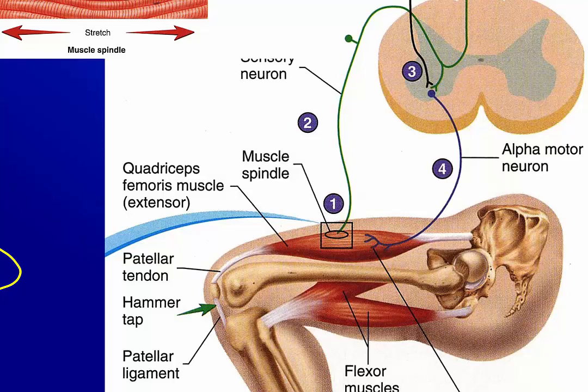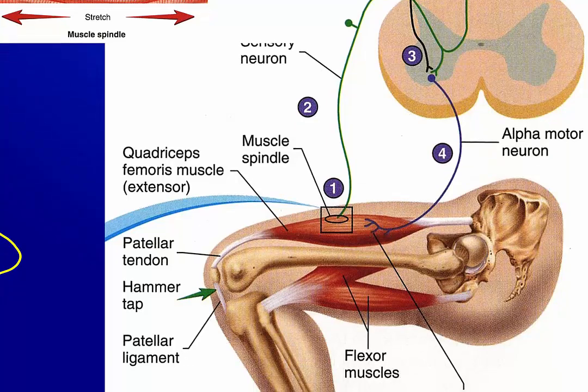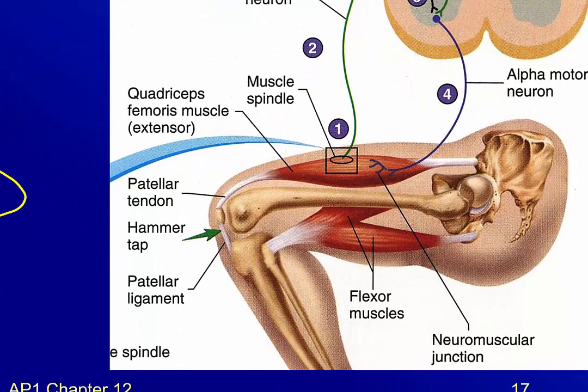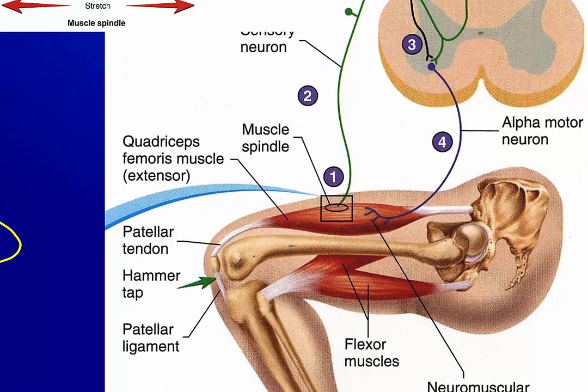As a result of that pull, the sensory neuron sends a signal up and it connects to this alpha motor neuron. See this motor neuron? That actually causes this muscle to contract and you kick. When somebody hits your knee, this is why.